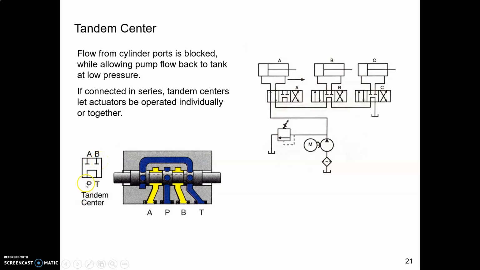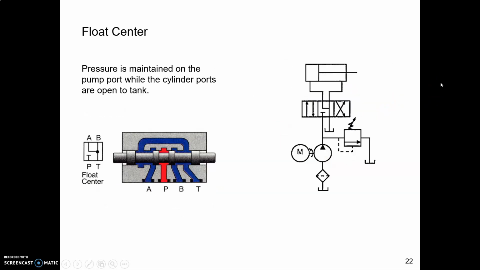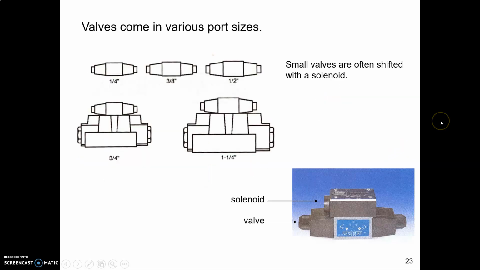The other one comes from the pump and goes back to tank again. And here's a schematic where all three valves are tandem center. Here's a float center, which can be used to maintain some pressure on the thing without moving the cylinder. Here's a schematic symbol of it.